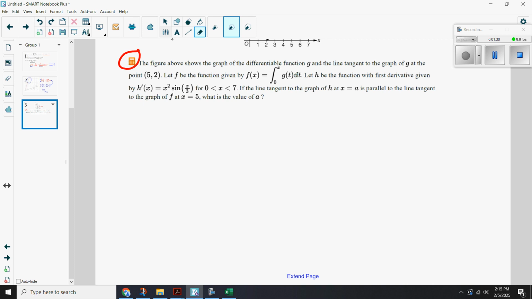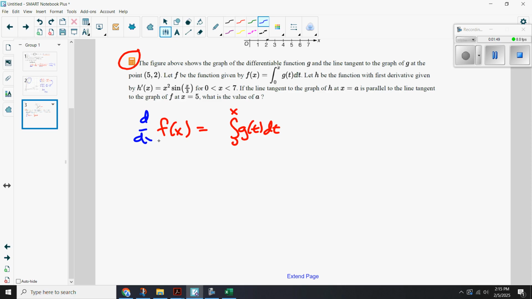I know that f of x is equal to the integral from 0 to x g of t dt. So that means that the derivative with respect to x of f of x, I'm going to take the derivative of both sides.